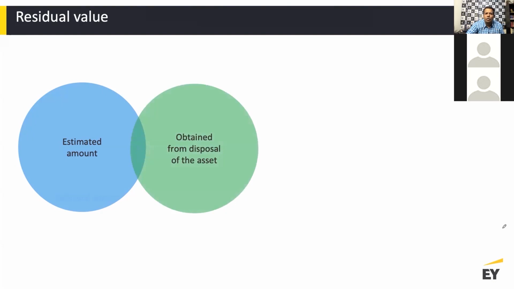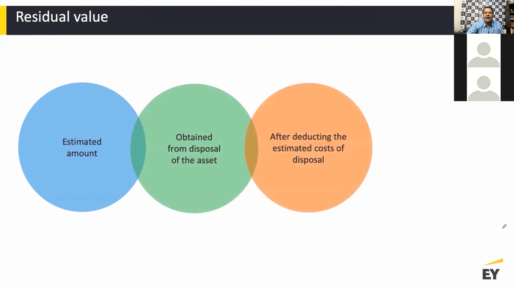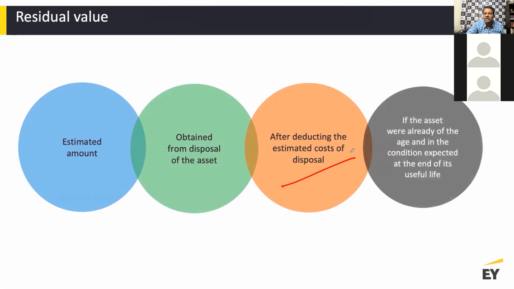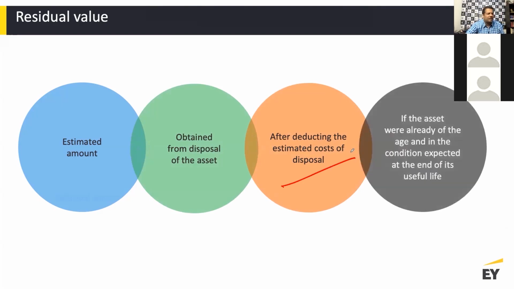So the residual value is the estimated amount obtained from disposal of the asset after deducting the estimated cost of disposal. If there's any information in the question to say that there's a cost of disposal, you need to factor that in to determine your residual amount, as if the asset were already of the age and in the condition expected at the end of its useful life.